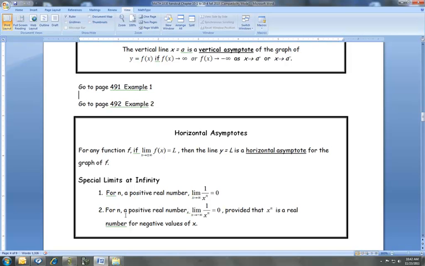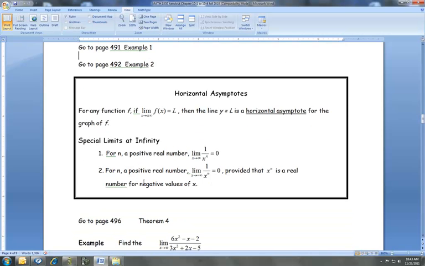Likewise, if n is a positive real number, the limit of 1 over x to the n as x goes to negative infinity also goes to 0, provided that x raised to the n is a real number for negative values of x. On page 496, it refers to the theorem referring to this horizontal asymptotes.